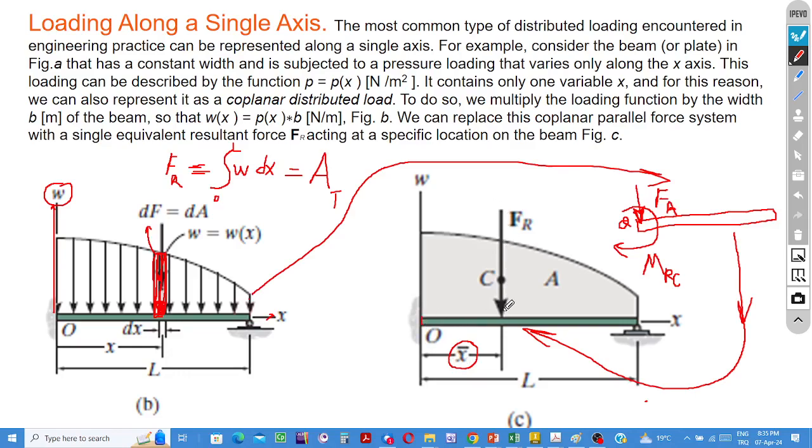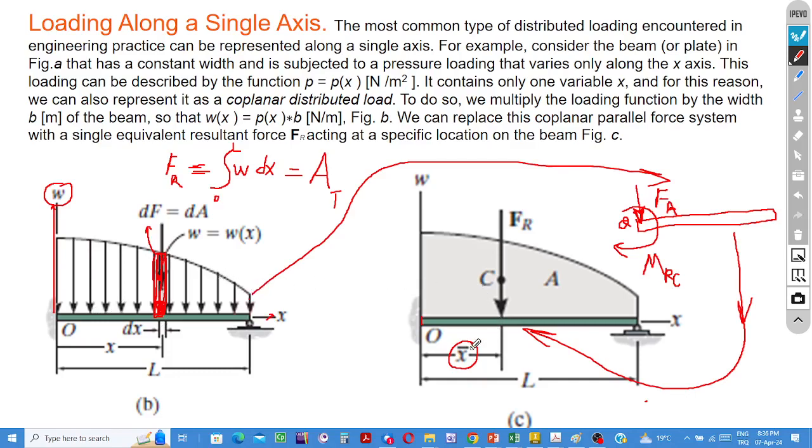At this special location, it can represent not only the translation effect, but also the rotation effect of the given force system.